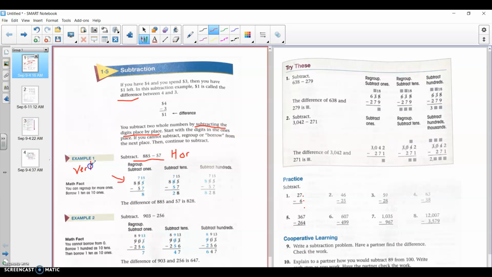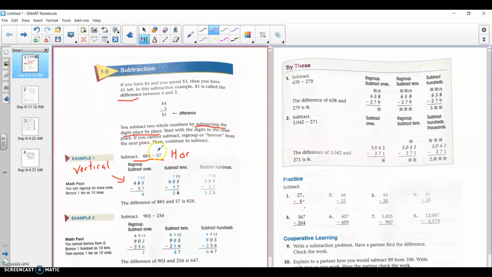So vertical here. That way you can subtract a lot easier. Same thing with addition. I forgot that if anything's in horizontal, put it in vertical format.